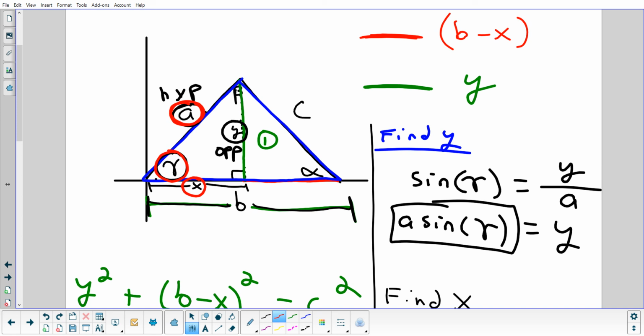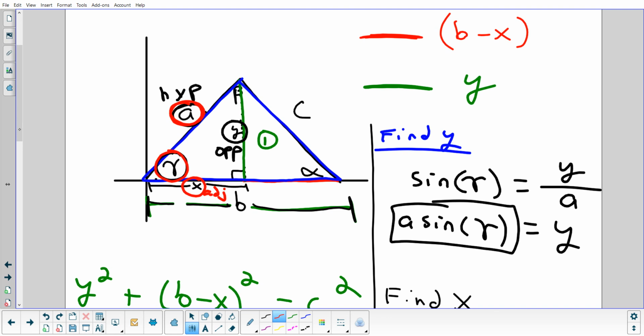But what is side x? What would be the name of that from the perspective of gamma? Adjacent. Let's put it over here. So x is adjacent.